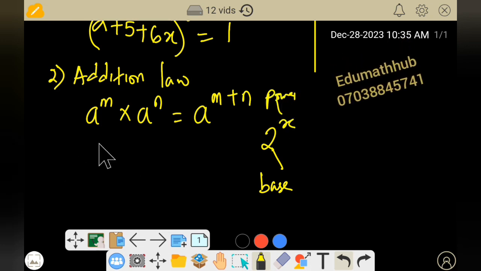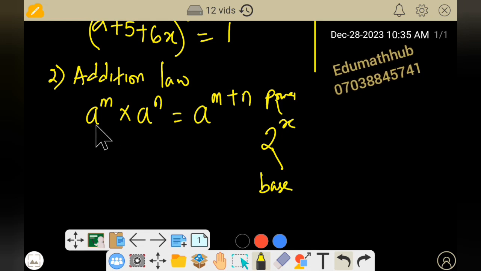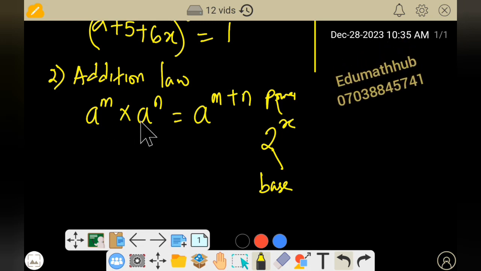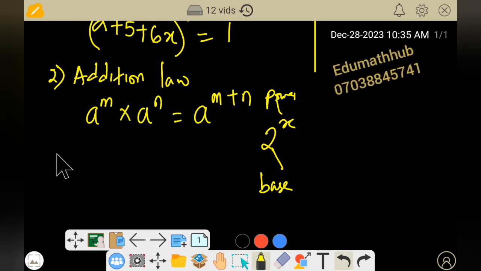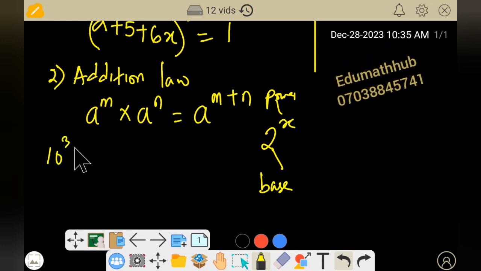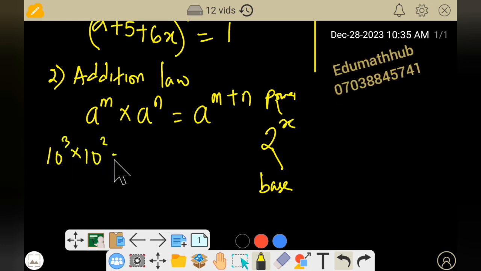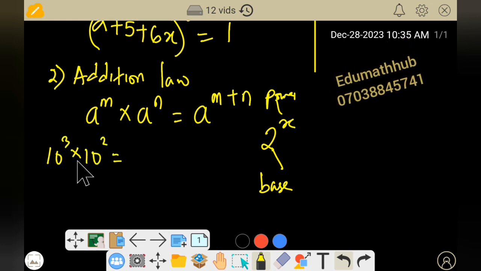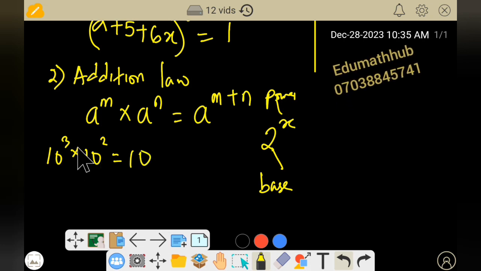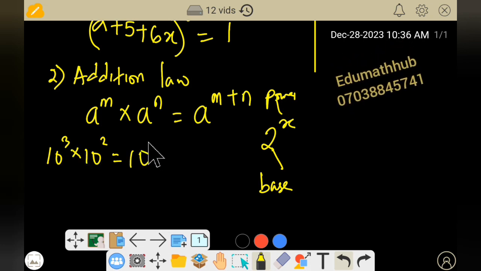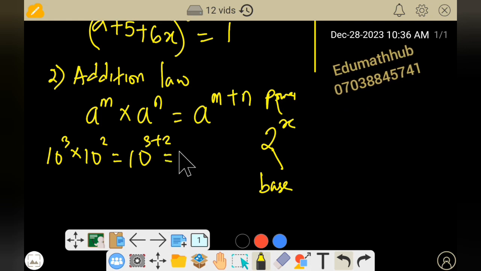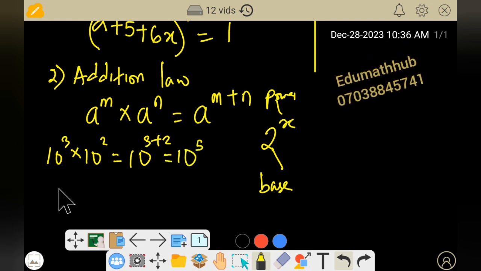You just pick one of the bases, then add the powers. For example, 10 raised to the power 3 times 10 raised to the power 2. Just pick one of the 10, then since you have times in the middle, add the powers. 3 plus 2 gives 10 raised to the power 5.